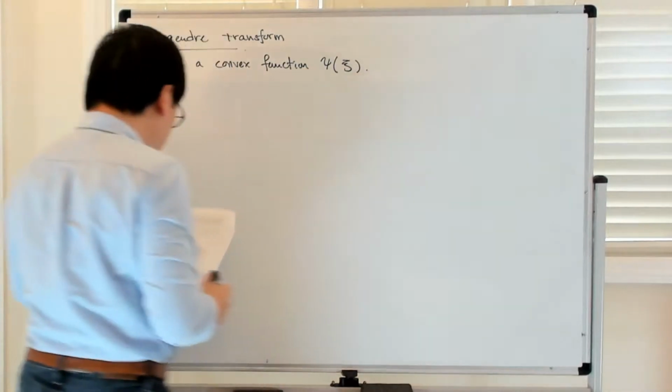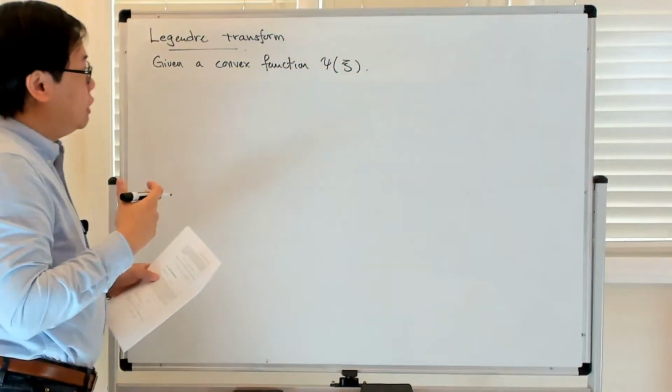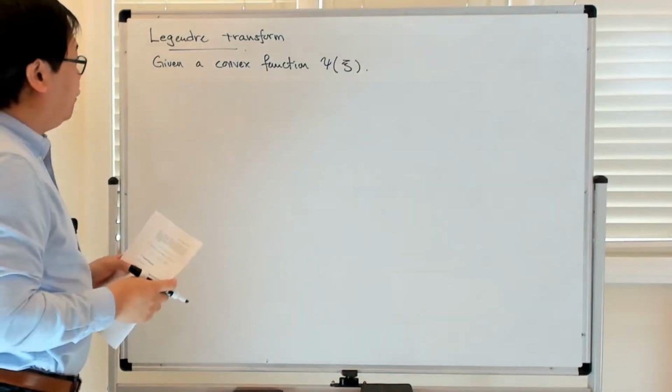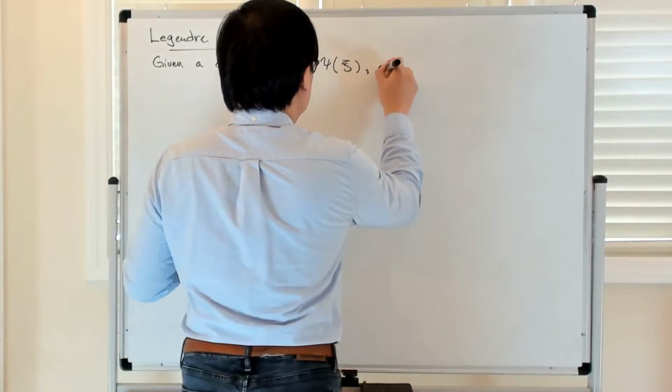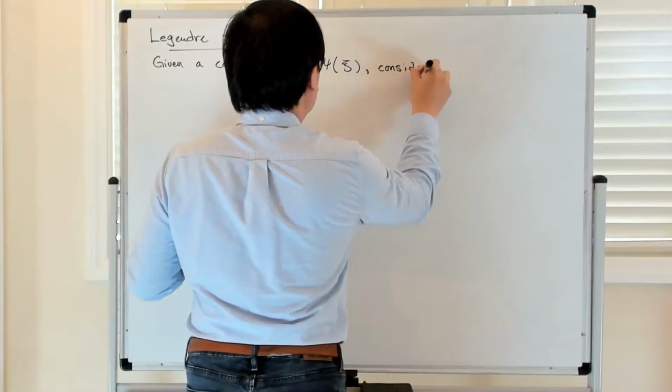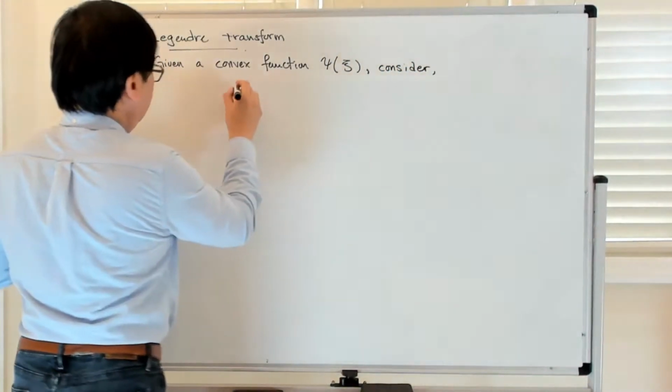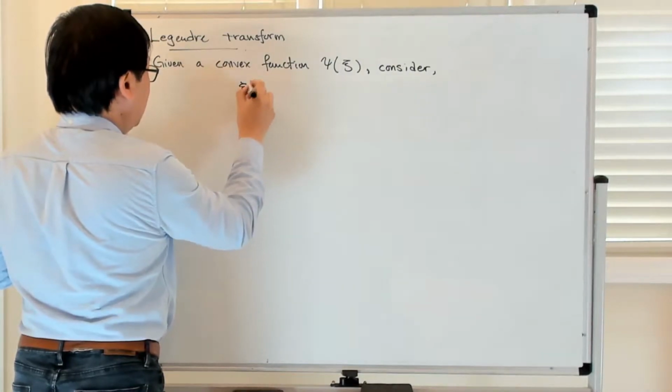Okay, and then we'll consider the following. We're going to look at the gradient of that convex function at a particular point, and I'm going to denote that by C star.